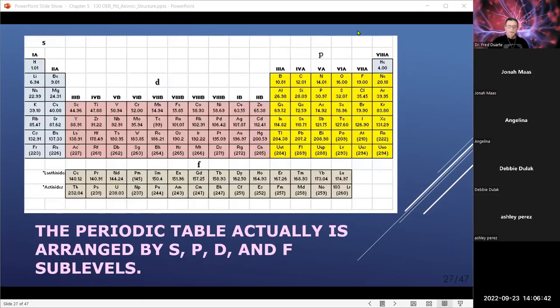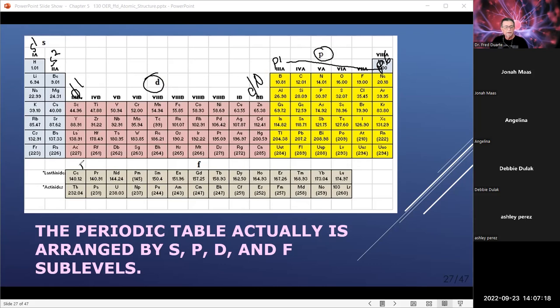We'll just go on. Now, here's what I mentioned earlier. Think about the S block, the D block, and the P block. We have S1, S2, two columns for the S block, which are listed in blue. We have P1 all the way across to P6 for the P block elements, and then the D block starting at D1 all the way across to D10.